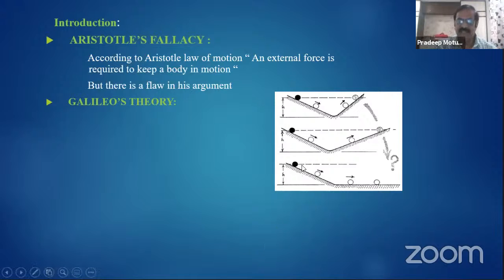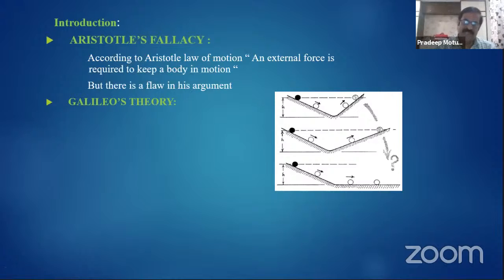Suppose if you increase the slope like this in the second diagram, and if you release the ball, of course it also travels the same height to the other plane. In the third diagram, the second plane is made the horizontal surface. Now, if you release the ball at this position, then it travels to infinite distances.